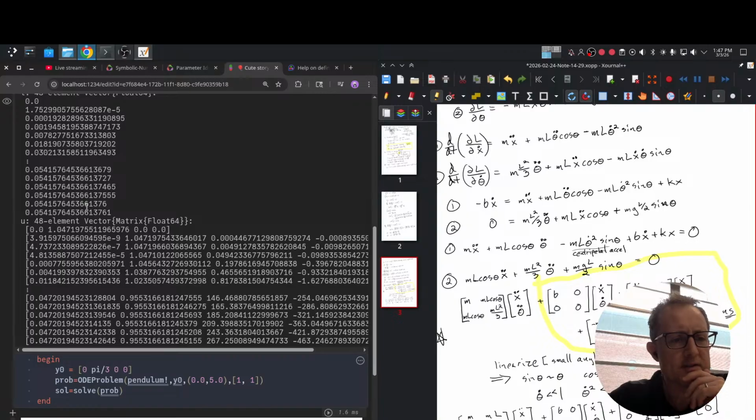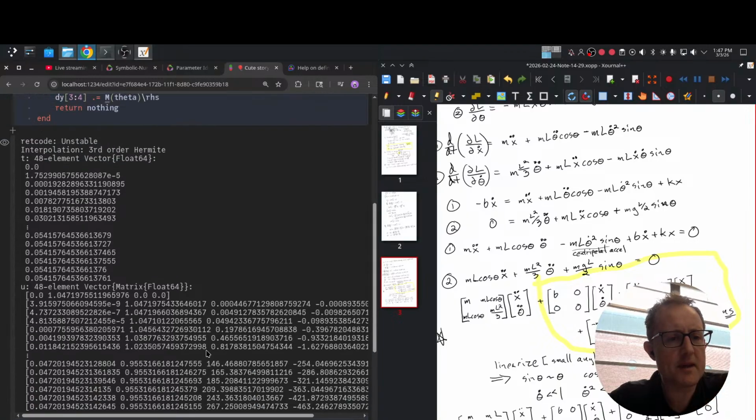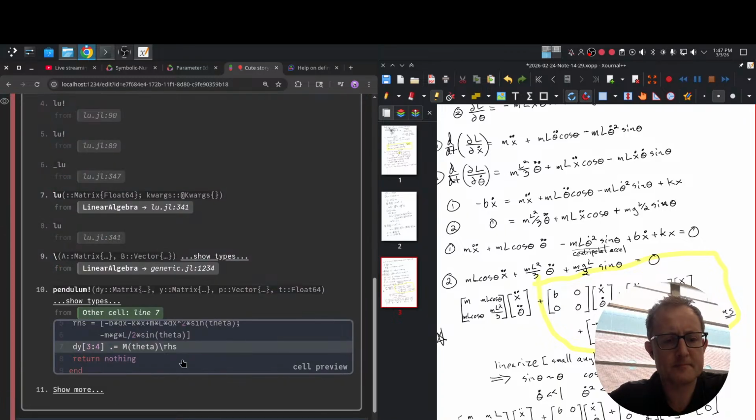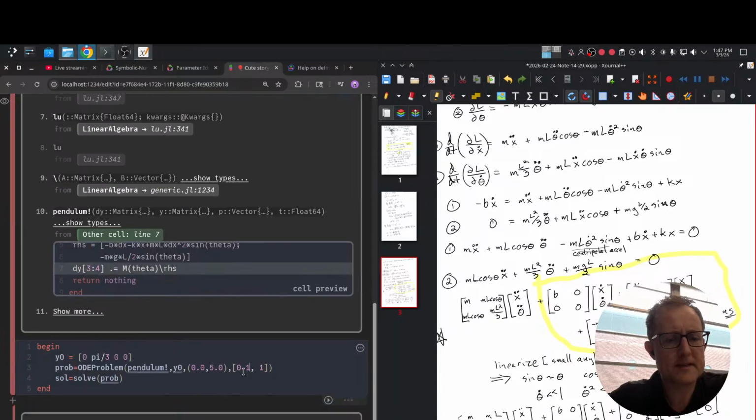So for some reason, it's not showing me singular exception.